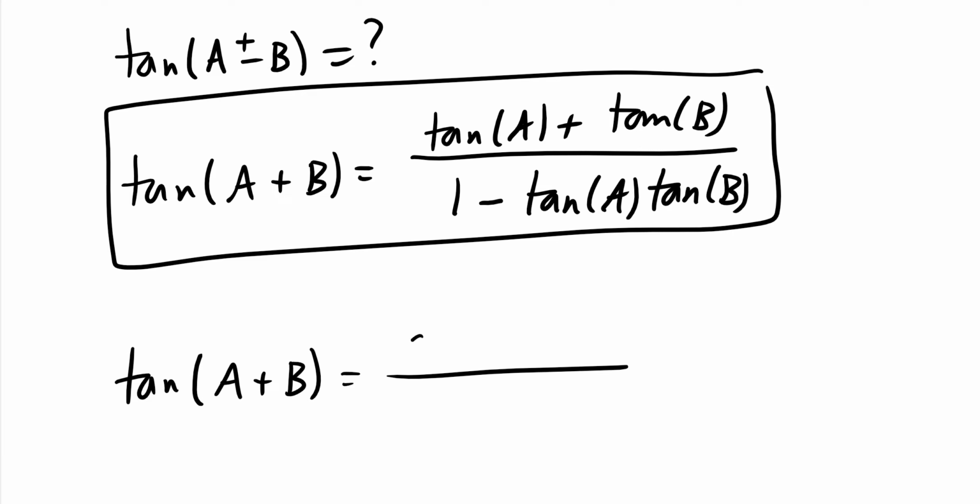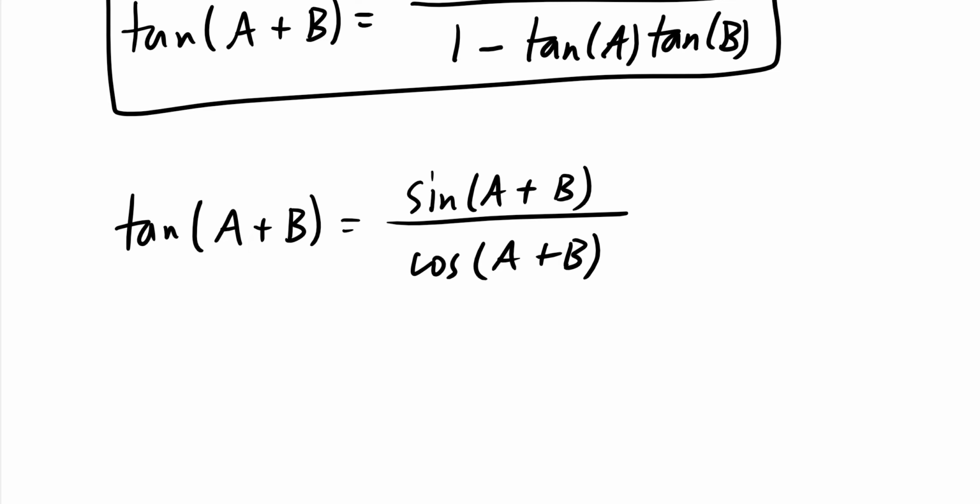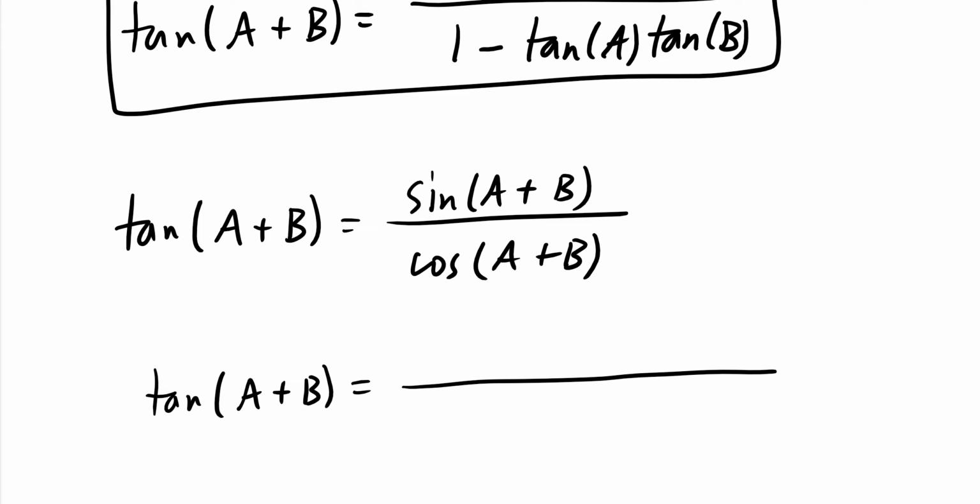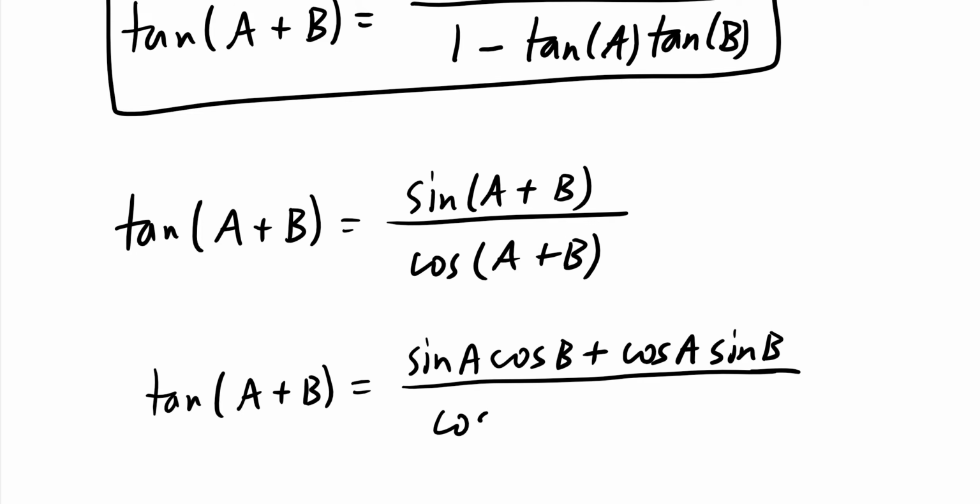We know tangent is sine over cosine. So let's keep the left hand side the same. Today we learned a formula for sine A plus B. It's sine cosine plus cosine sine. The bottom one, cosine cosine minus sine sine.